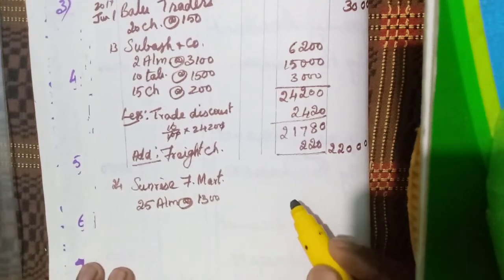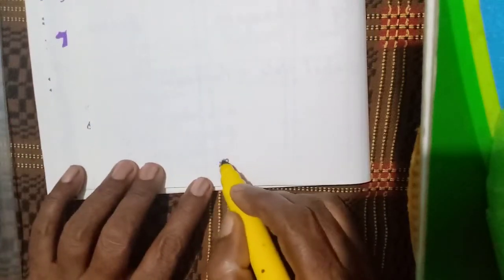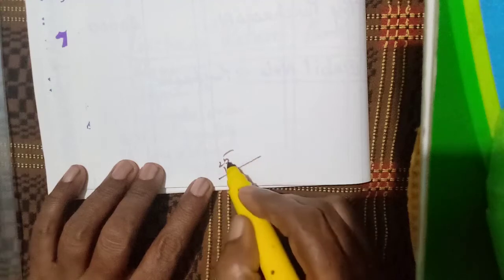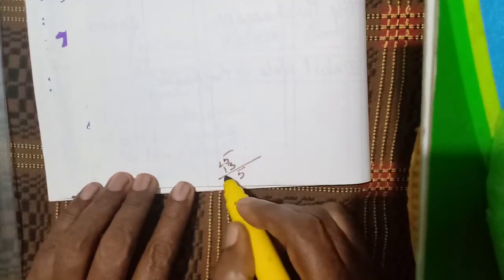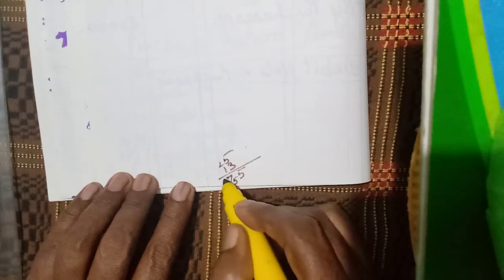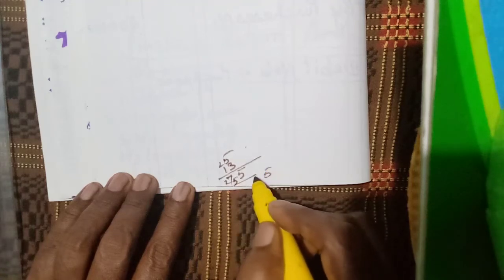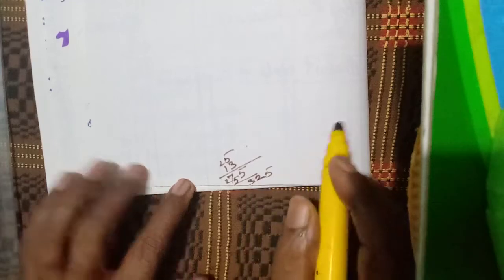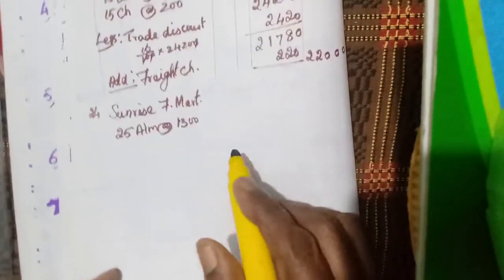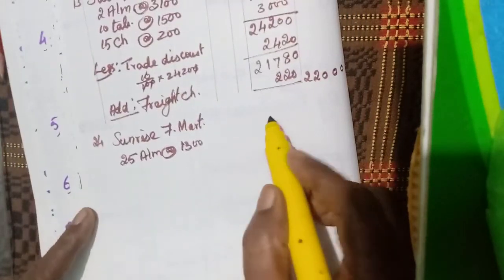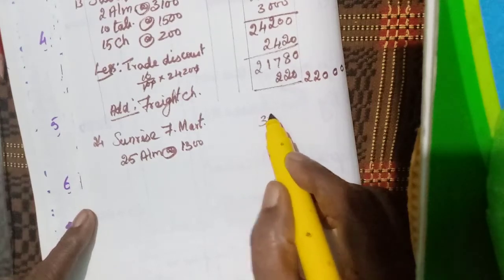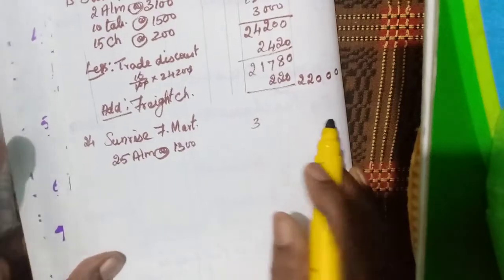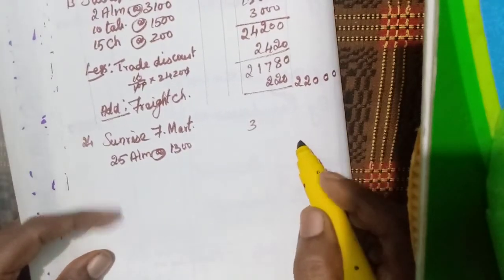We should multiply, isn't it? 25 into 13. 3 fives are 15. Balance 1, 7. 1 five is 5, 2. 5, 12. So 325, 325 and 2 0. So 30. We will write in the outer column, isn't it? 32,500.